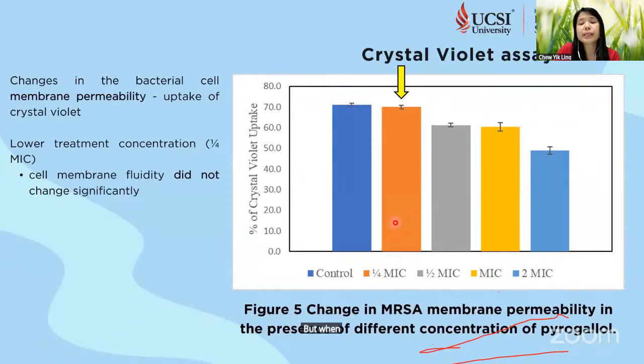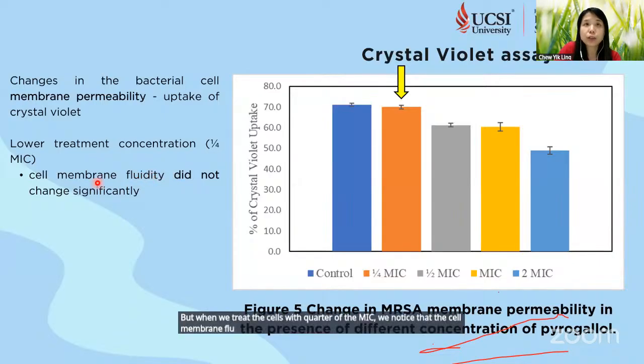But when we treat the cells with quarter of the MIC, we notice that the cell membrane fluidity did not change much. From here, you can also notice that the percentage of crystal violet uptake at quarter of the MIC is not significant compared to the control.